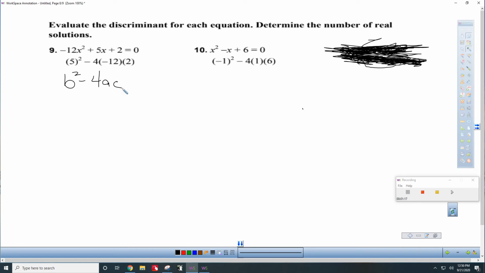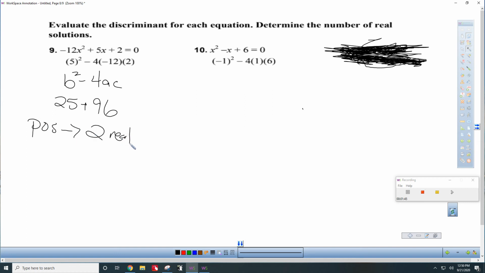Okay, so this would be 25 minus negative 4 times negative 12, so it's going to be plus 96. Is that right? Yeah. So the discriminant, now if it's positive, then there's 2 real solutions.